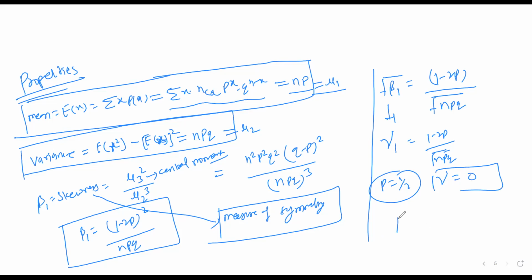So remember the graph of this one will be equal. At p equal to 1 by 2, the gamma value becomes 0, which means the distribution is symmetric about p equal to 1 by 2. If the p value is less than 1 by 2, then the gamma 1 value will be positive. Positive means it's positively skewed.